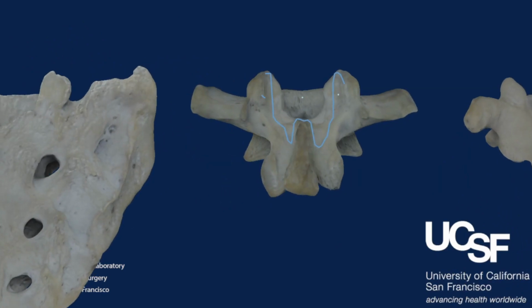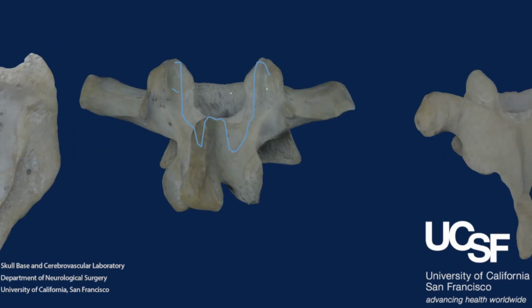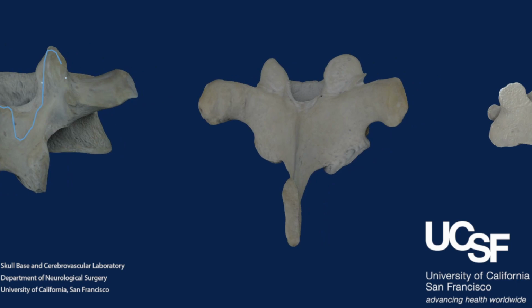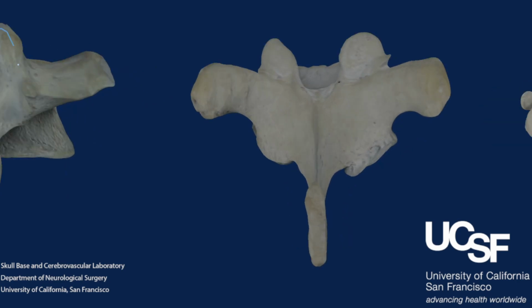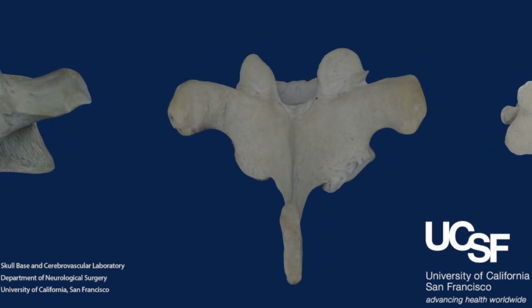This is better visualized from a posterior perspective. Let's go over the thoracic vertebra, and we can see that there are 4 articular processes: one superior on the right side, one superior on the left side, an inferior on the left side, and another inferior on the right side.